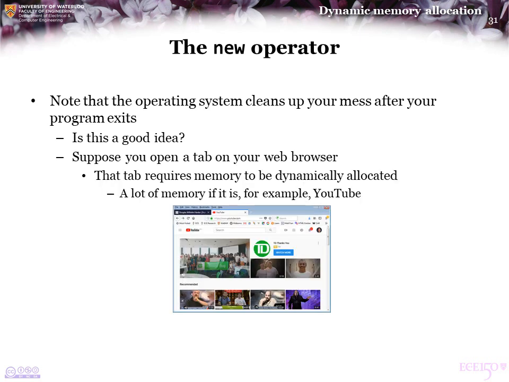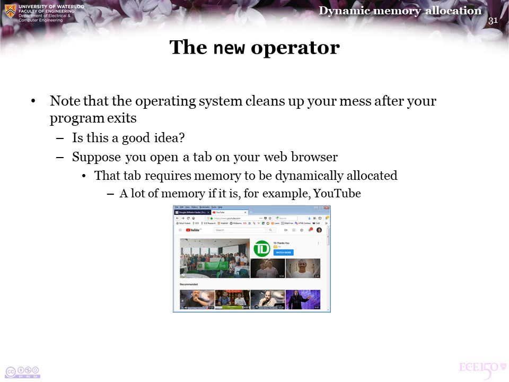Suppose that you are running your web browser and you have an open tab. That tab probably requires a lot of memory to be allocated. For example, every single image here that you see needs to be allocated for this tab.